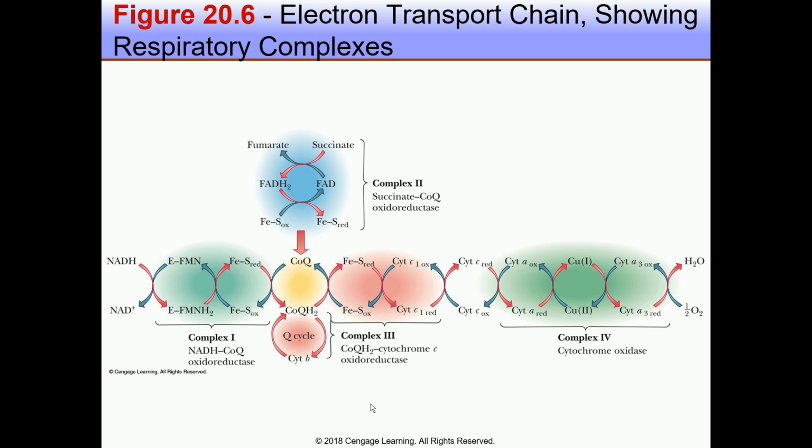So in this whole electron transport chain, one protein or electron carrier which is reduced delivers the electrons to the next one, and it itself gets oxidized, and it reduces the next one.